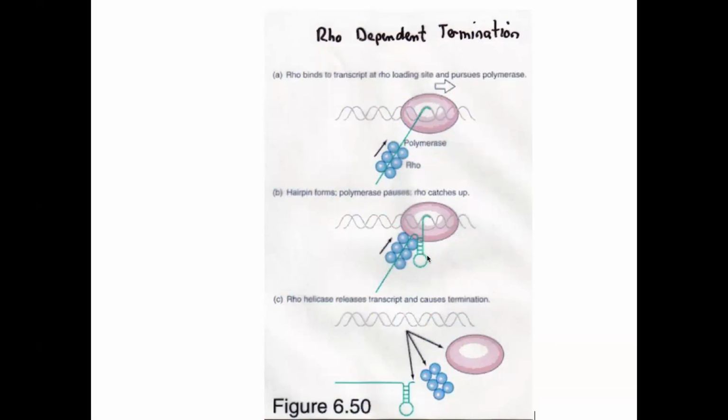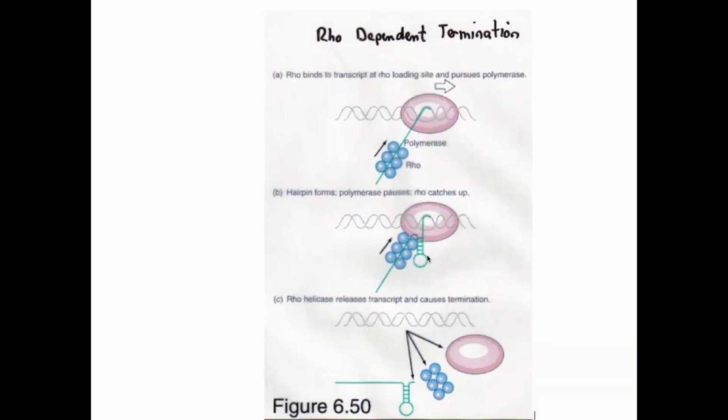And all of those interactions, the Rho protein with the secondary structure, weaken the hold of the RNA polymerase on the template strand, and so it releases. And once it releases the template strand, transcription is terminated. So you can see the two mechanisms are very similar, just one of them involving the Rho protein and one of them not.